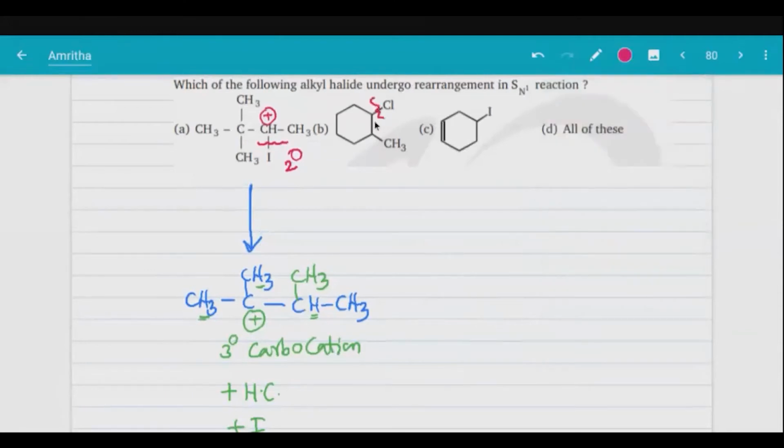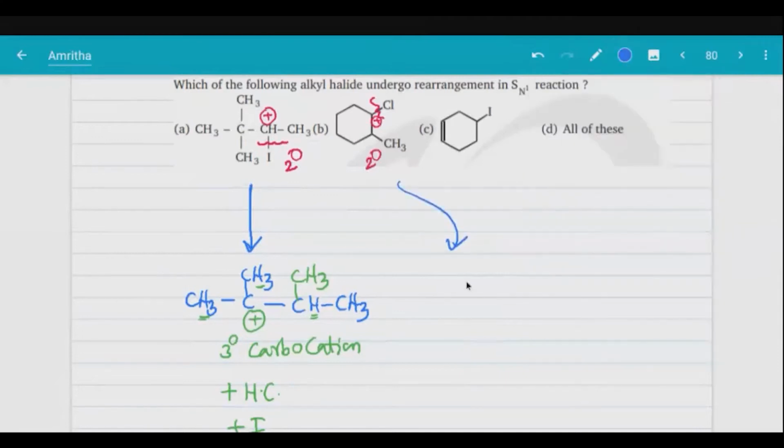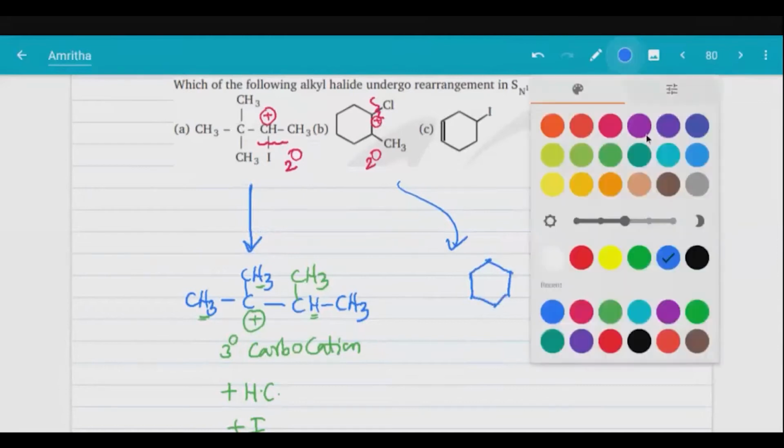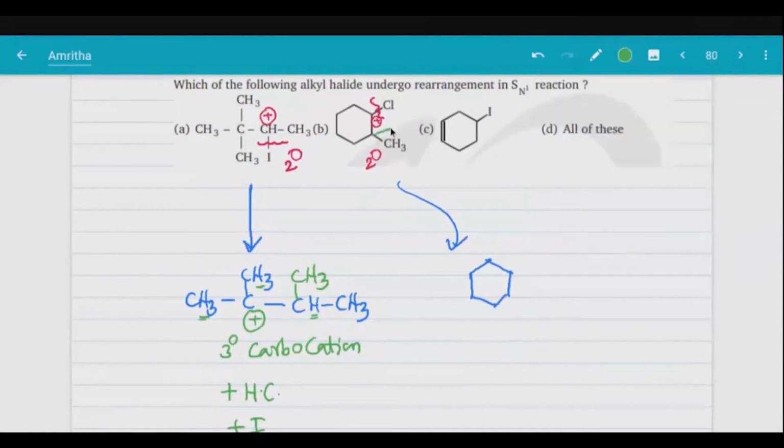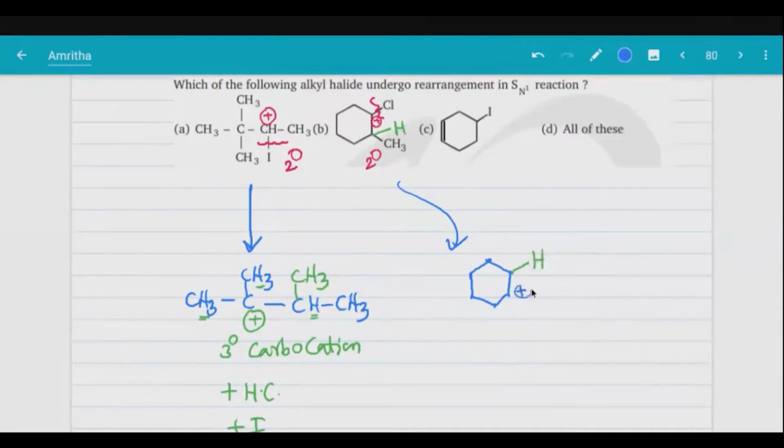And option B, what you have to do first step, you break this. There's a plus charge. It is secondary carbocation. Now see this, if it is secondary, I'll shift one of the hydrogens from here. There is one hydrogen. Okay, I'll shift this hydrogen. I can write a positive charge at this point. This is tertiary now.